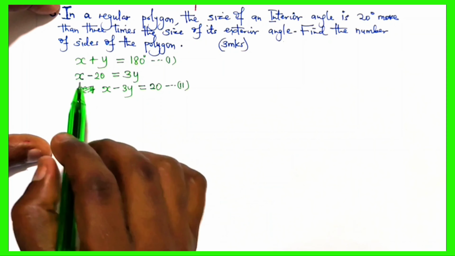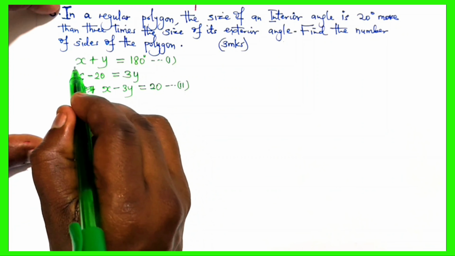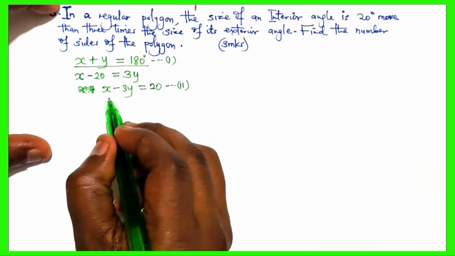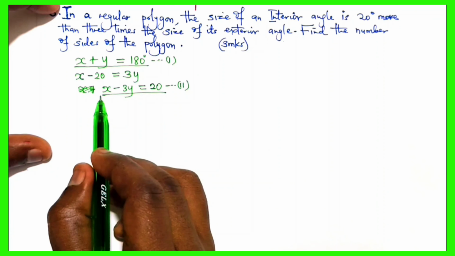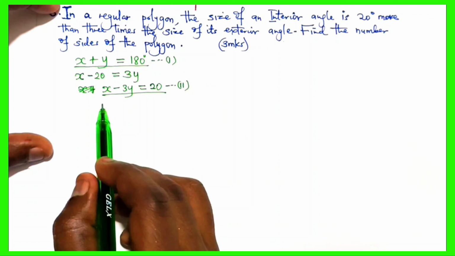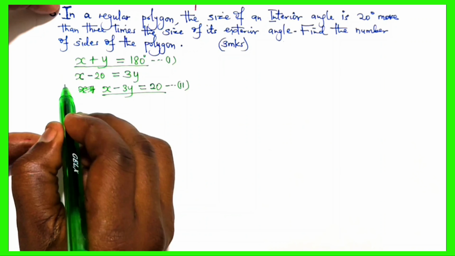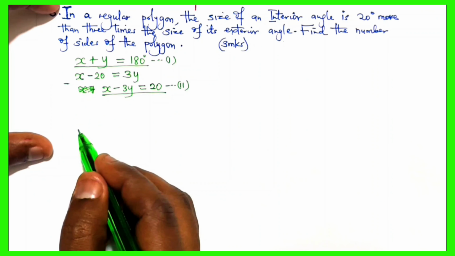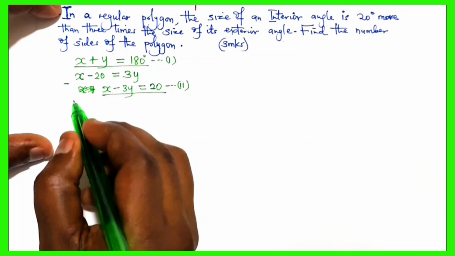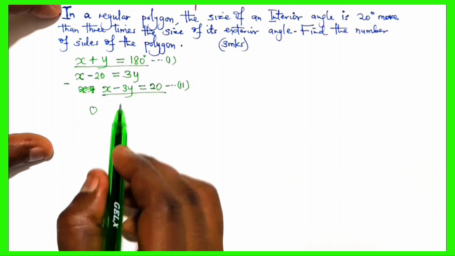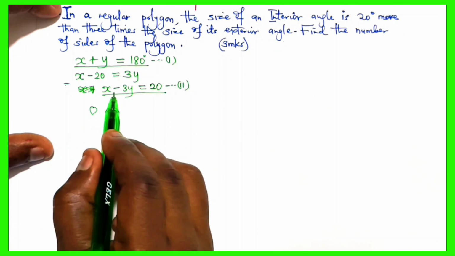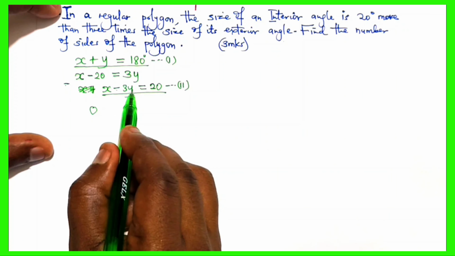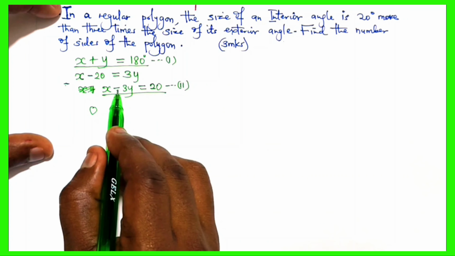So then I can solve these two equations, the first equation being that one and the second equation being that one, by eliminating x, and I will be in a position to eliminate x by subtraction. So then I'll have here 0, and then I'll have positive y minus negative 3y. Negative times negative is positive.